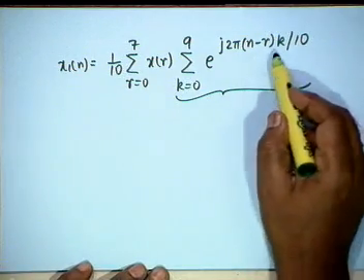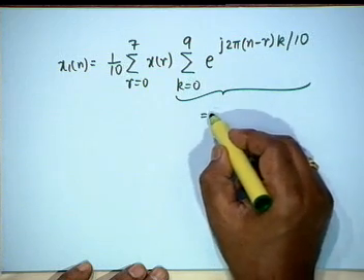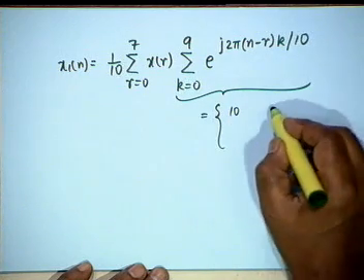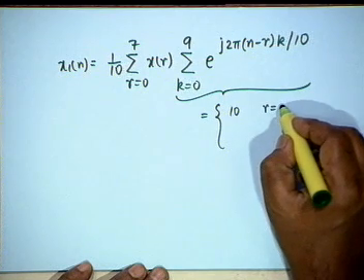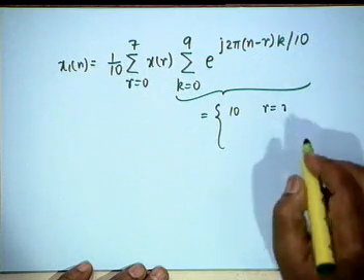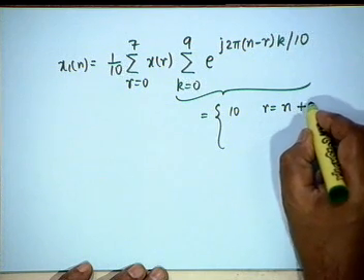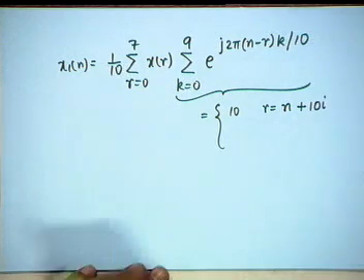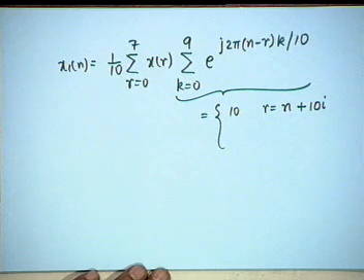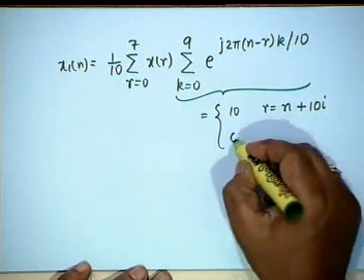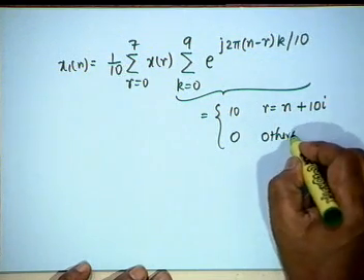You look at this again. This would be equal to 10 for r equal to n or n plus 10 i, i is an integer. It is 0 otherwise.